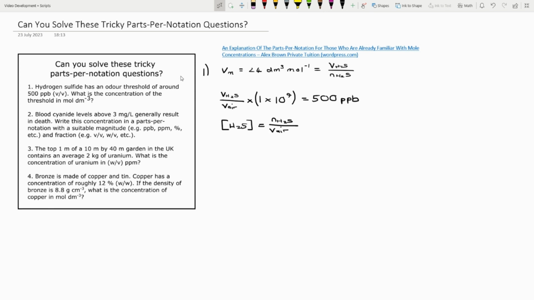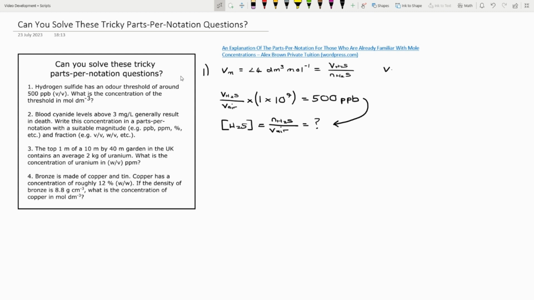So it's how many moles there are in a unit of air, and this is equal to our question mark. So we need a way of going from this equation to this equation, and we can do this by using our molar volume equation. What we do is rearrange the molar volume equation to make V H2S the subject.